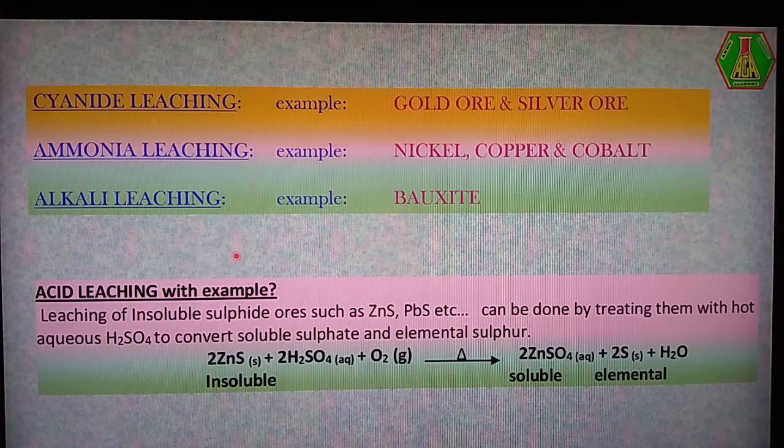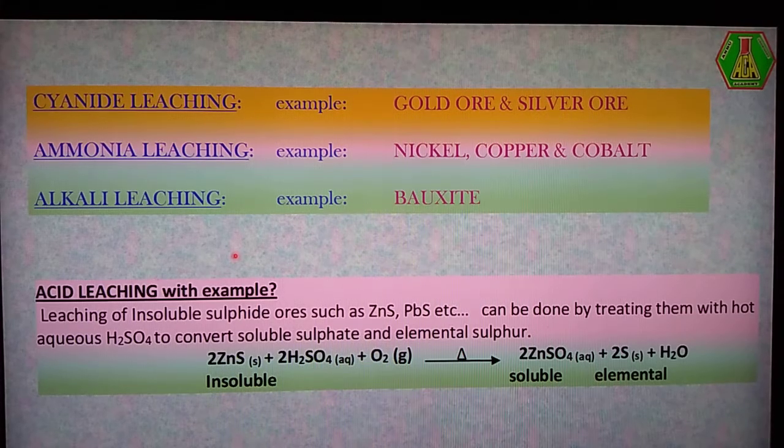What is acid leaching? The acid leaching process is nothing but whenever acid is mixed into a sulfide ore, the sulfide ore being of insoluble character, such an insoluble sulfide ore is converted into a soluble substance by using acid.